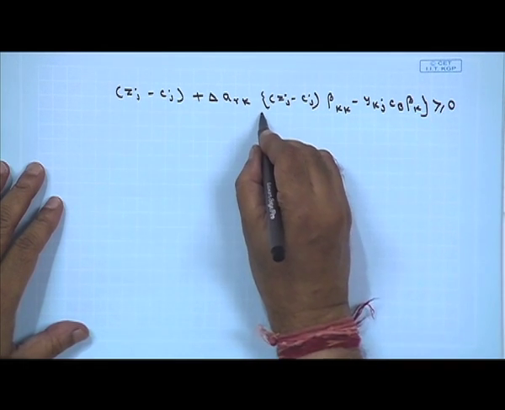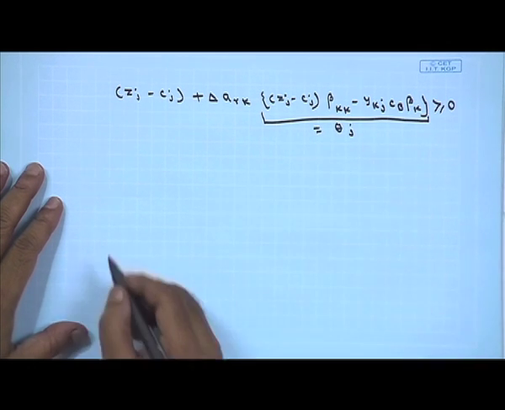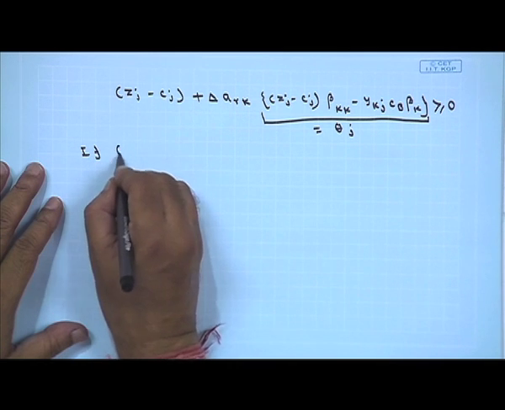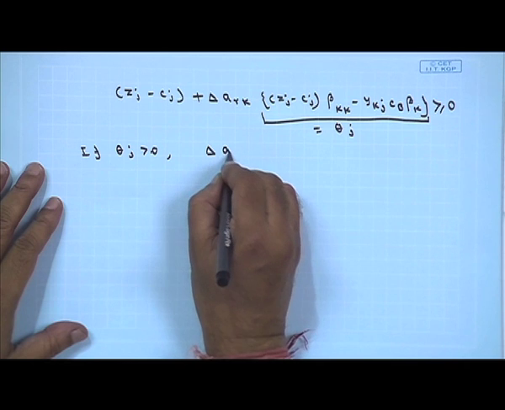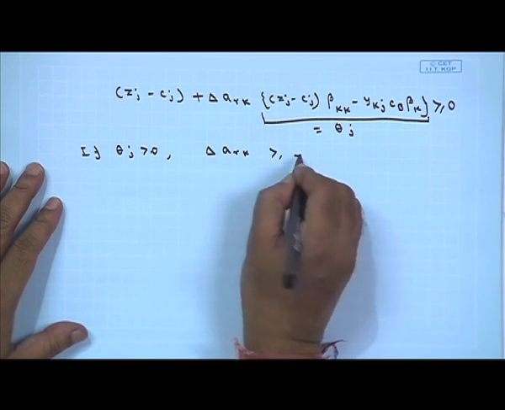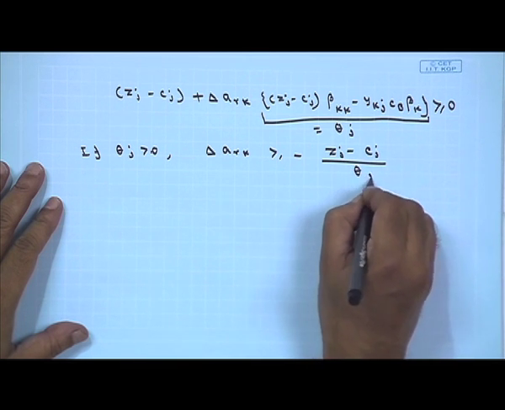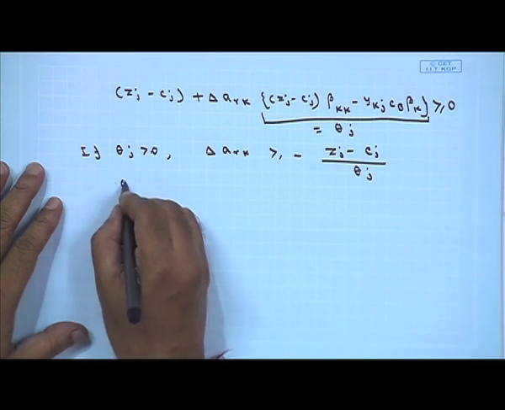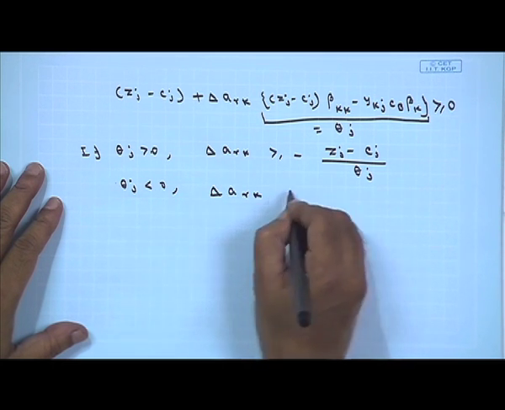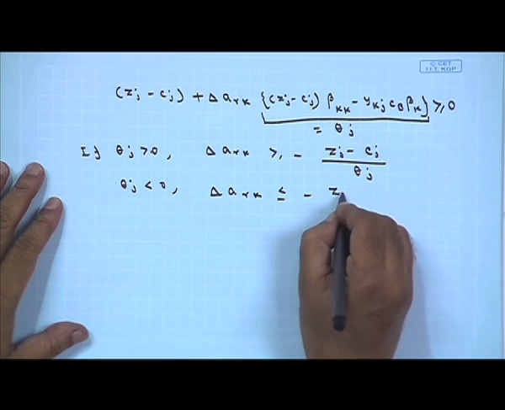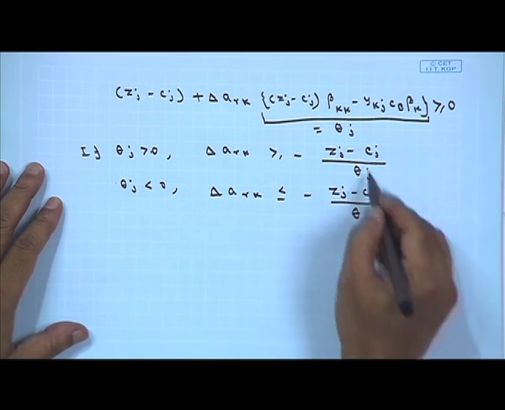Now, assume this quantity is equal to theta_j. If theta_j is greater than 0, in that case delta a_rk is greater than or equal to minus (z_j minus c_j) by theta_j, and if theta_j is less than 0, then delta a_rk will be less than or equal to minus (z_j minus c_j) by theta_j.